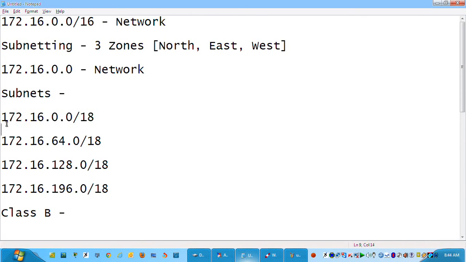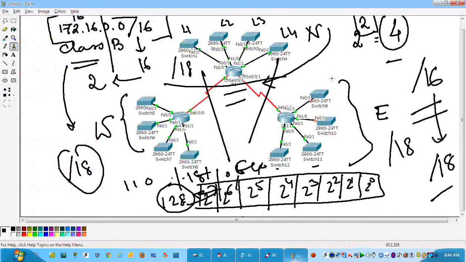Now these are my different zones. Any number you can take here, and you will be getting 4 different zones.